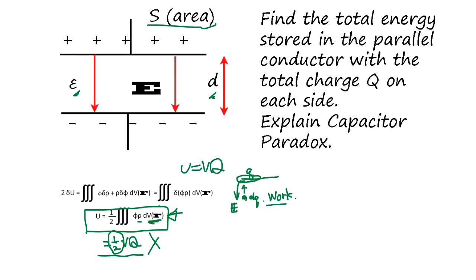So in this case, the work performed is going to be 0 to Q, and you have E and dq move. You move the amount of charge against the electrical field.